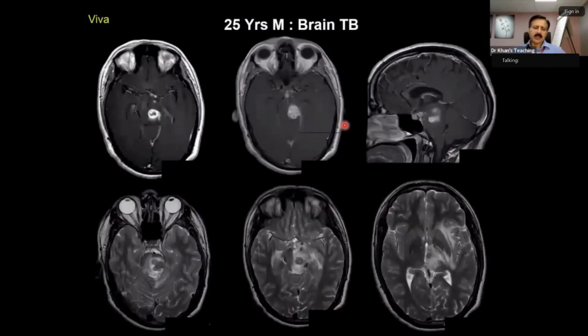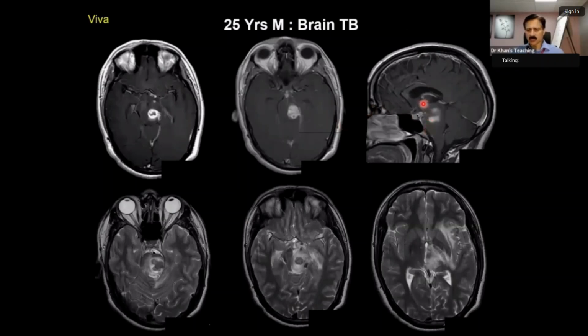So TB meningitis: of course, the route of entry is usually through the CSF, so it is a basal meningitis, but there is a concept of hematogenous spread also. The radiological features include signs of basal meningitis.